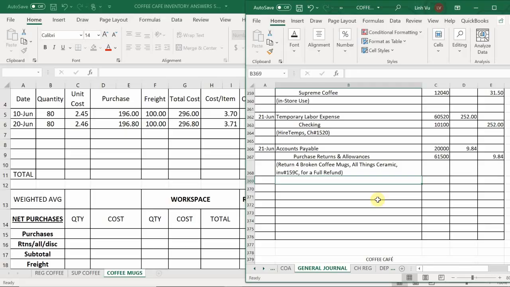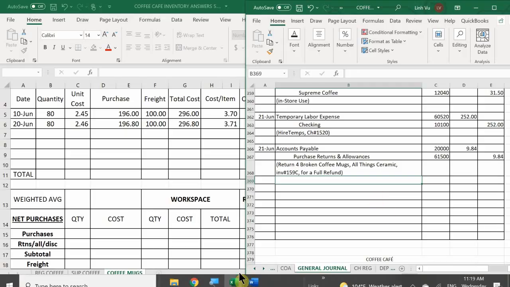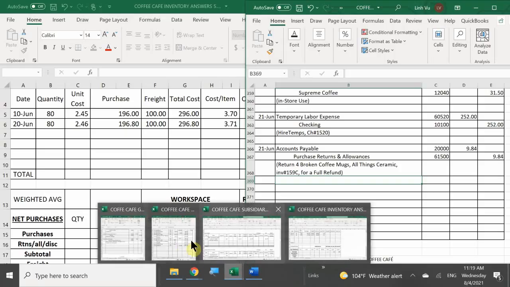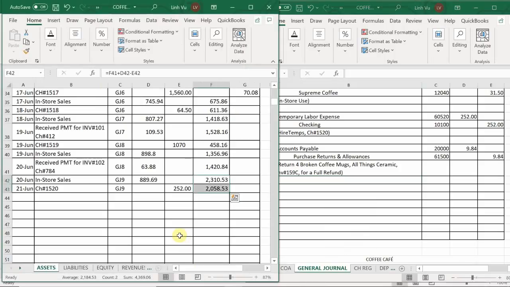One. What else? Yeah, what's next? But I would go to the ledger section and update the receipt. Exactly. So we're going to go to our ledger accounts. Okay. We have an accounts payable.